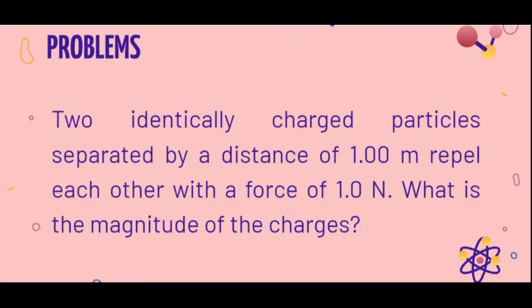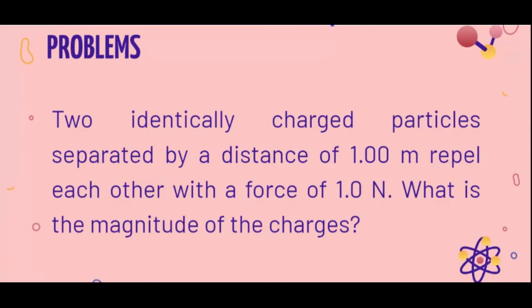We can say that these two charged particles are repelling one another. If they are repelling, they have the same sign. But we do not know if it's positive or negative.